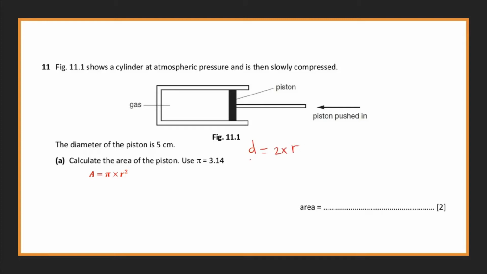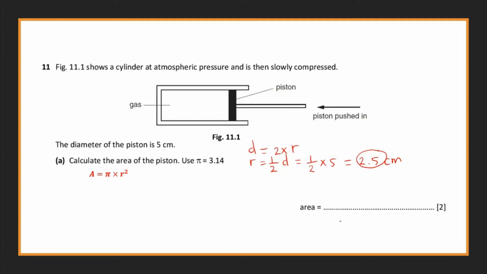Or we can say that radius is half of the diameter. So radius equals to half times 5, which is 2.5 centimeter. This is the value that you have to put into this equation, not the 5 centimeter.